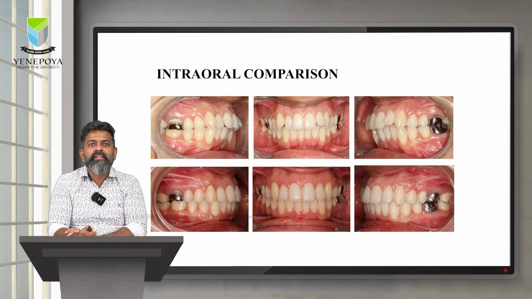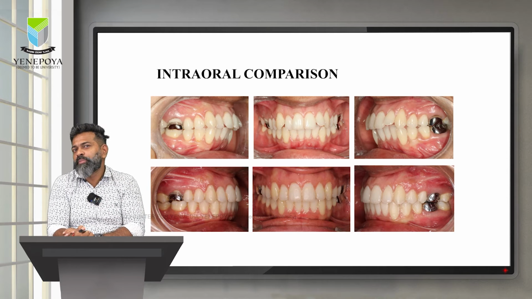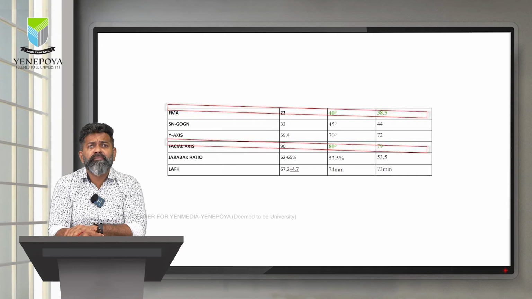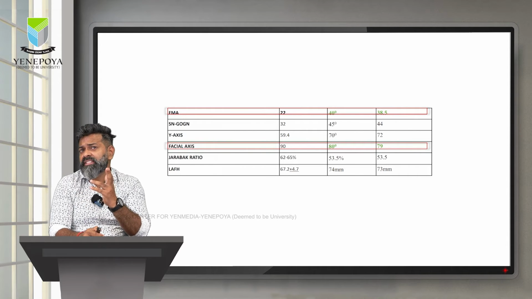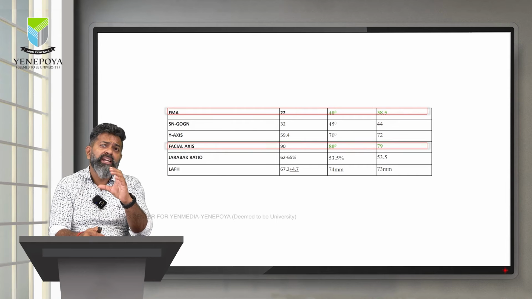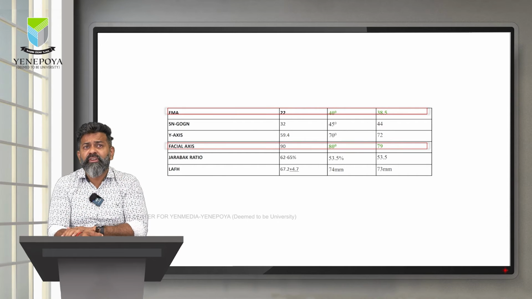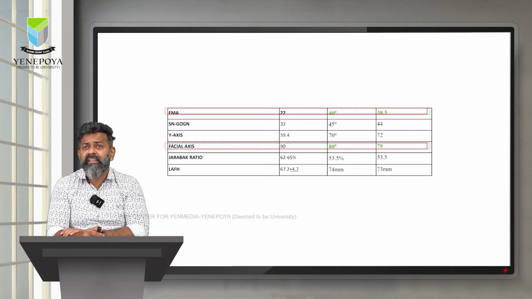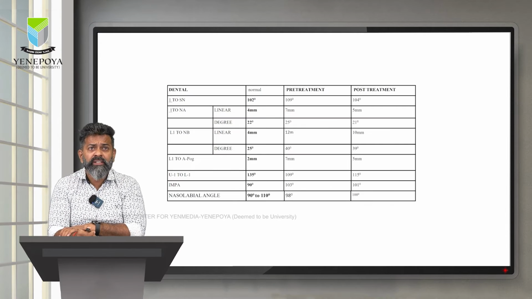to her, and these are the intraoral pictures, and these are some analyses where we know that FMA has changed drastically from 40 degrees to 35 degrees. We could manage to decrease FMA by bringing the mandible more anteriorly, thus causing autorotation. Now, facial axis angle also changed.